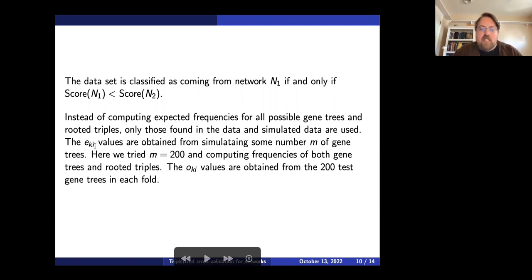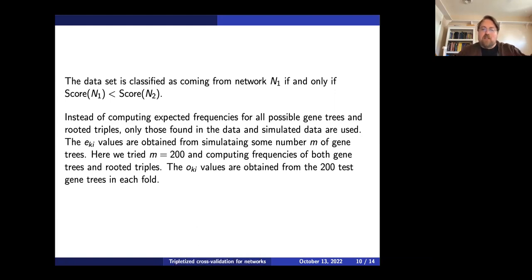Okay, and the expected values are estimated by simulating some number of gene trees. Here we used m equals 200, which is the same number as the test set.